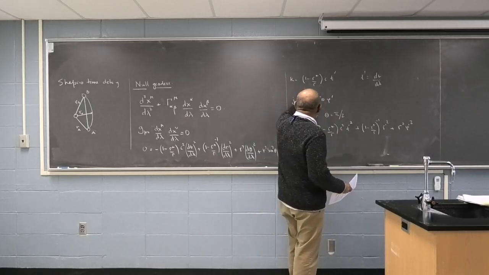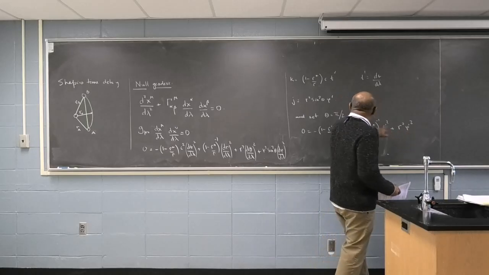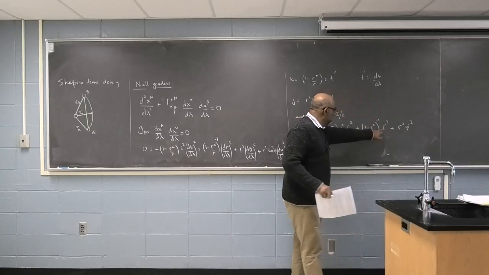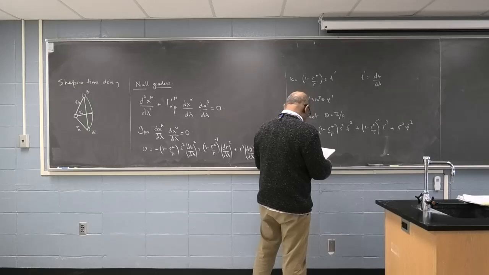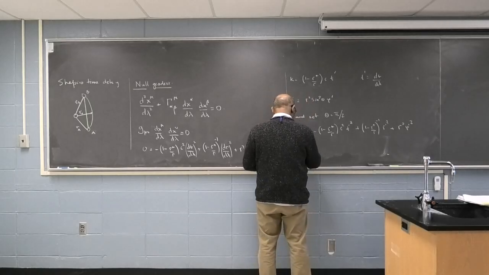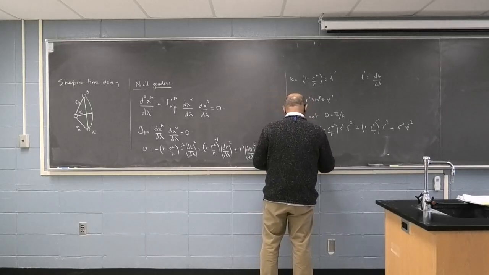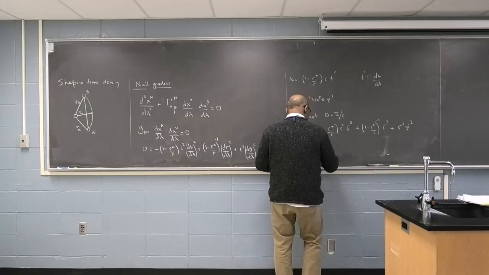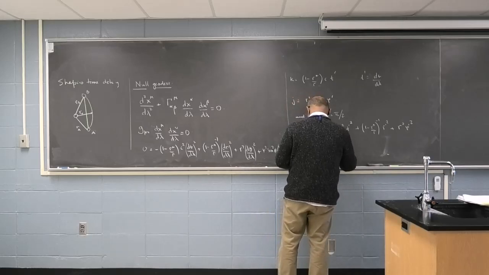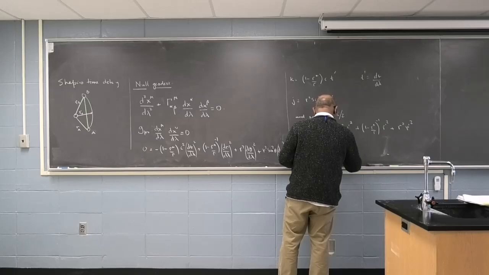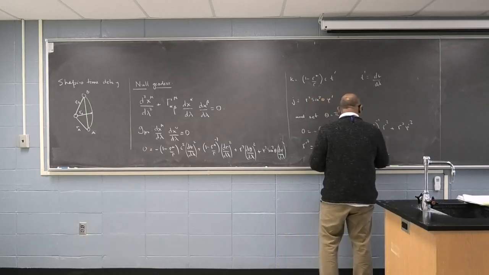T prime is related to kappa, phi prime is related to J, and therefore I'll only have an equation in R, and I would get R prime squared equals kappa squared minus J squared over R squared A, where A is as before.